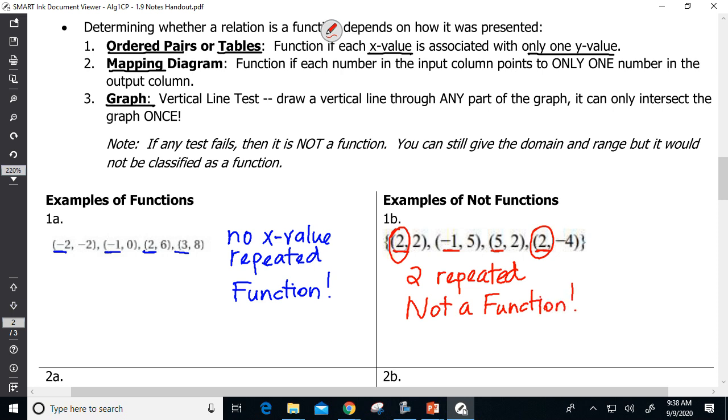That's how you tell the difference. As long as the x doesn't repeat, it's still called a function. The y value can do whatever it wants. It's the x value that can't repeat. Any questions with an ordered pair?